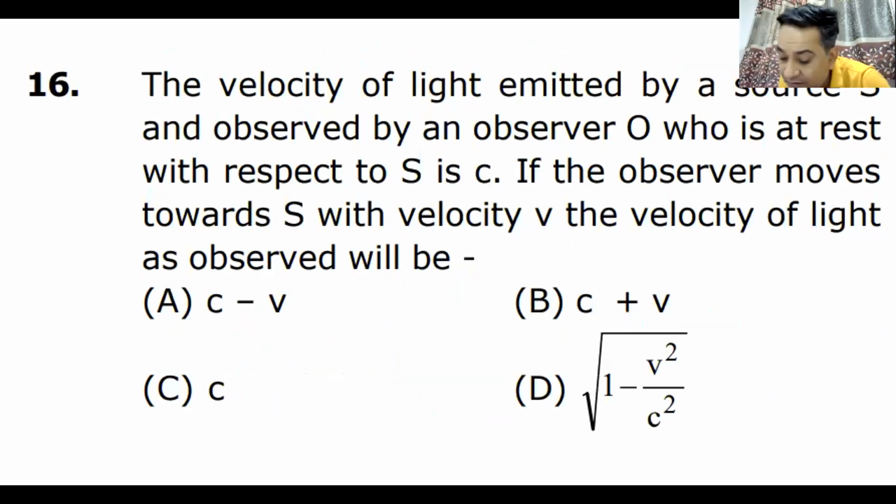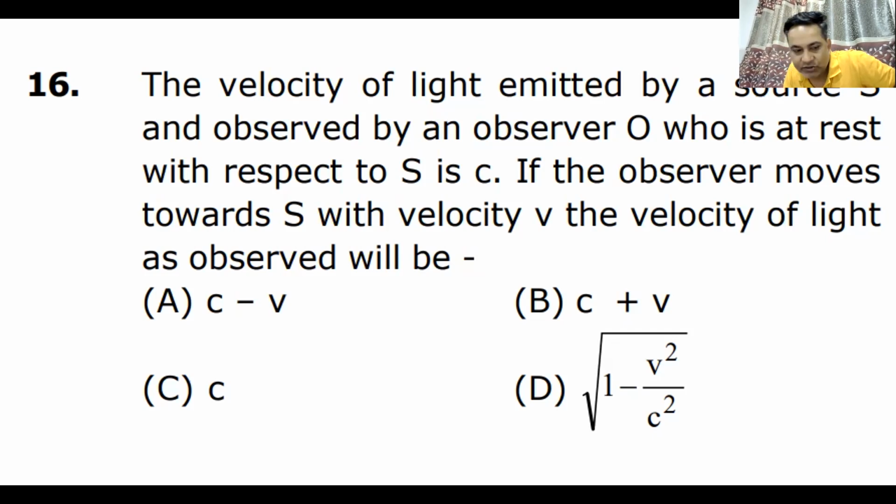Now comes the next one. The velocity of light emitted by a source S, an observer O is at rest with respect to S. The observer starts to move towards S with a velocity v. What is the velocity of light as seen by the observer? A very basic question. The options are c minus v, c plus v, c under root of something, or c.